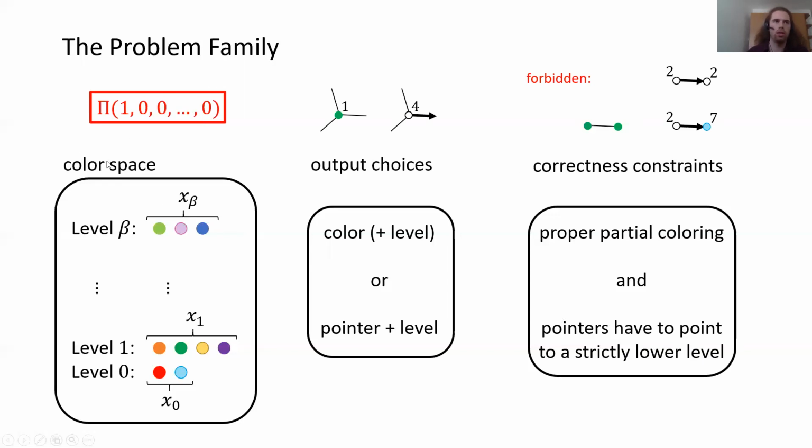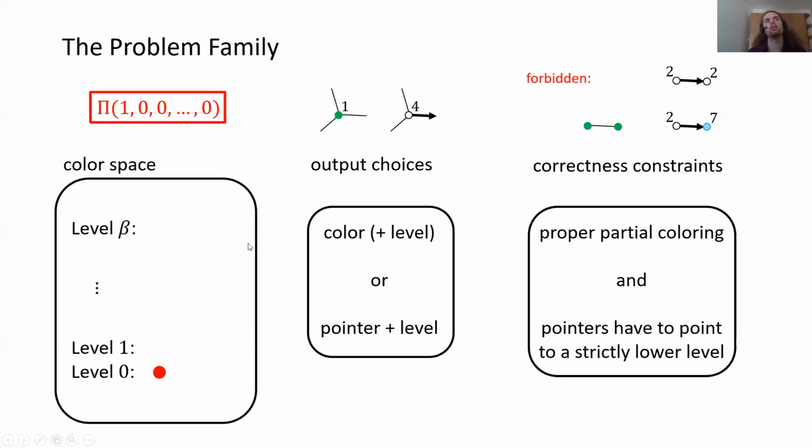So how is this related to our 2 beta ruling set problem? Let's look at the problem where the first parameter is set to 1 and all the other parameters are set to 0. In this problem, we just have one color, and this color is of level 0.